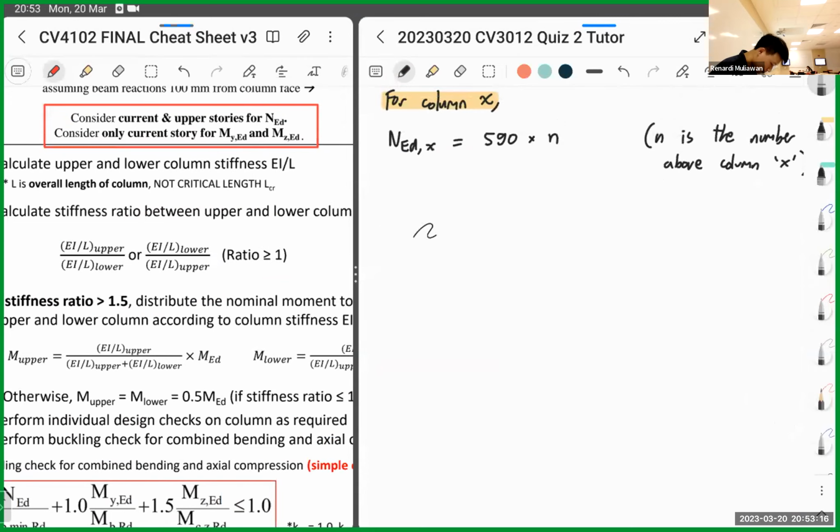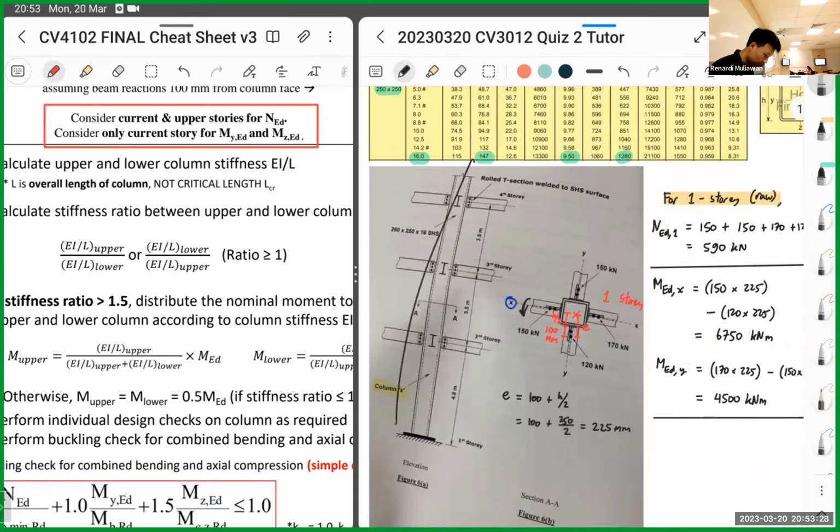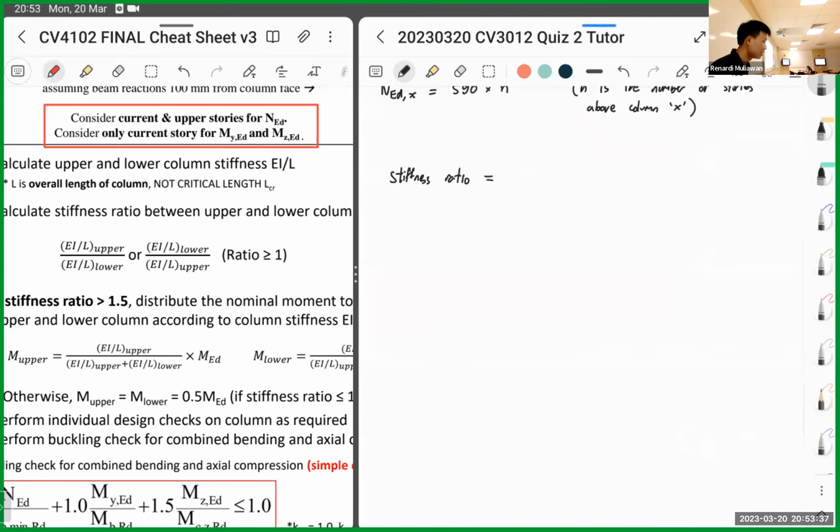So stiffness ratio is EI divided by L. But in this case, since the whole story uses the same section, the E and the I are all the same, so you can cross out later.